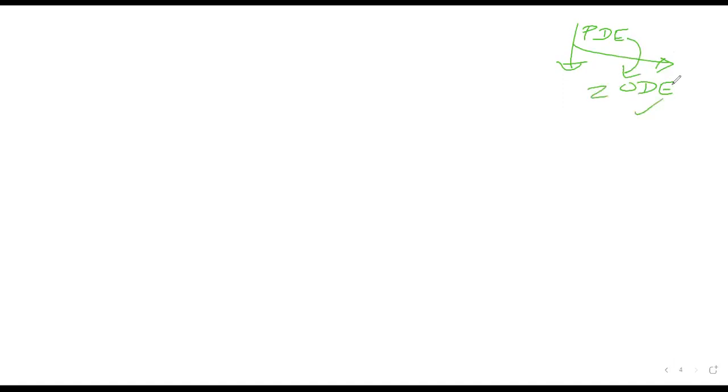Then the ODE is fine now, it only depends on one variable. So we can solve those two ODEs and then combine the answers. That's the procedure.